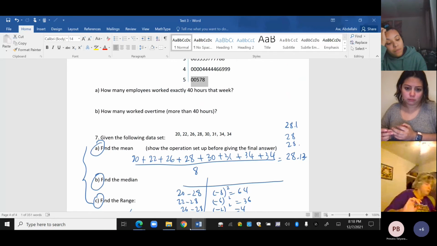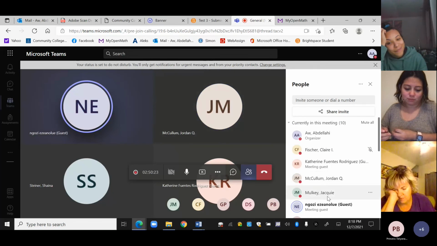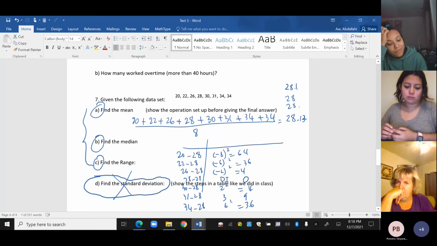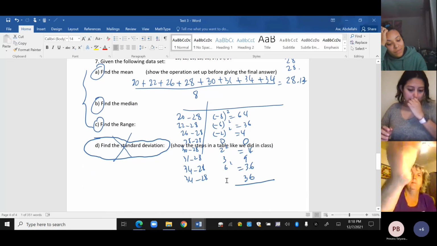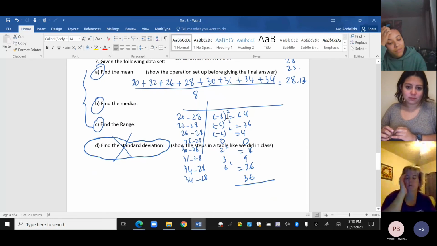I got a question too. Yes. In number 7, the mean, I wrote 225 divided by 8. Well, I got the wrong answer. Will I get any score from that? Yeah, that is the advantage of writing the steps.